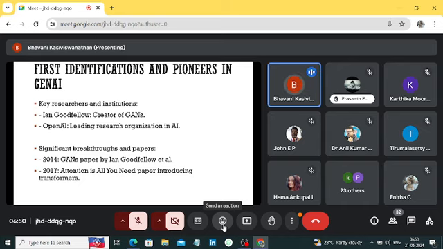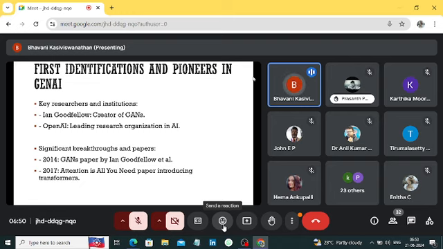And significant breakthrough papers, yeah. Obviously, Ian Goodfellow made the significant breakthrough. After that, we have very few papers in the market about Gen AI. Many papers explain what Gen AI and generative adversarial networks are, but we don't have much information about how these things really work.